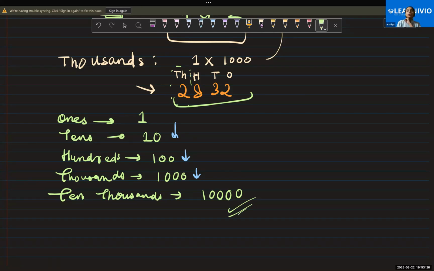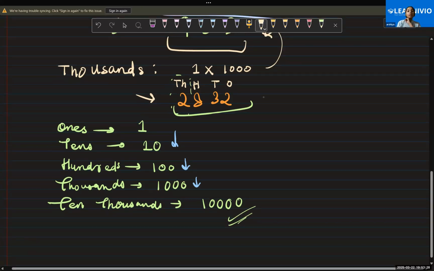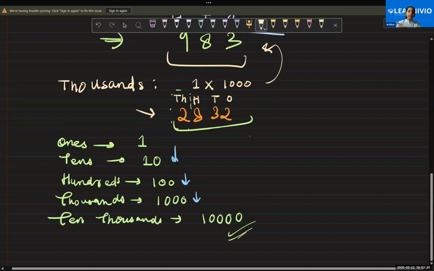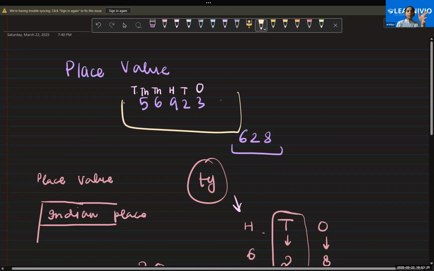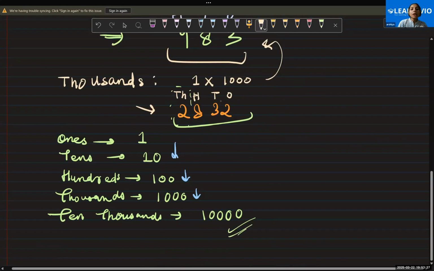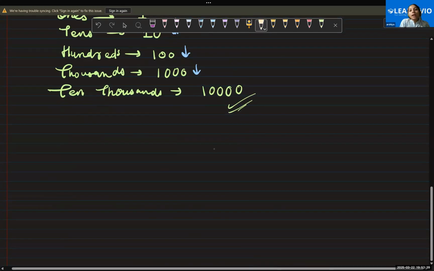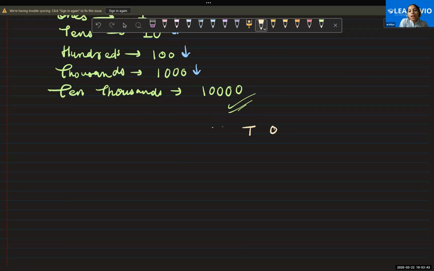Now let's come to the commas, right? I started with the commas only here, but now we'll come to that again. Till 100, we write it like ones, tens, hundreds. Then we write thousands, and then 10,000s, right?